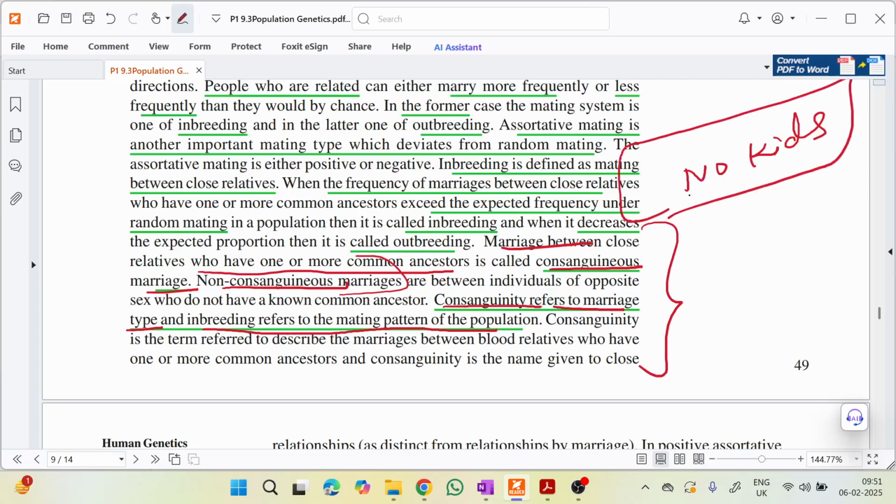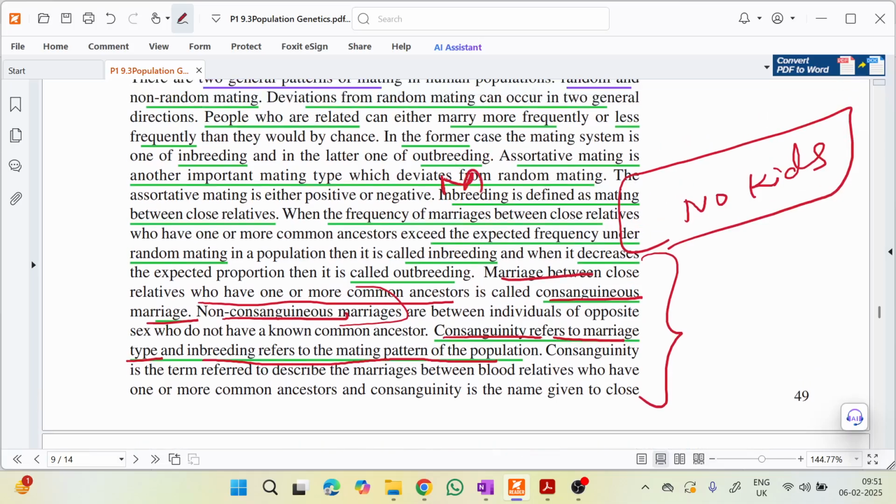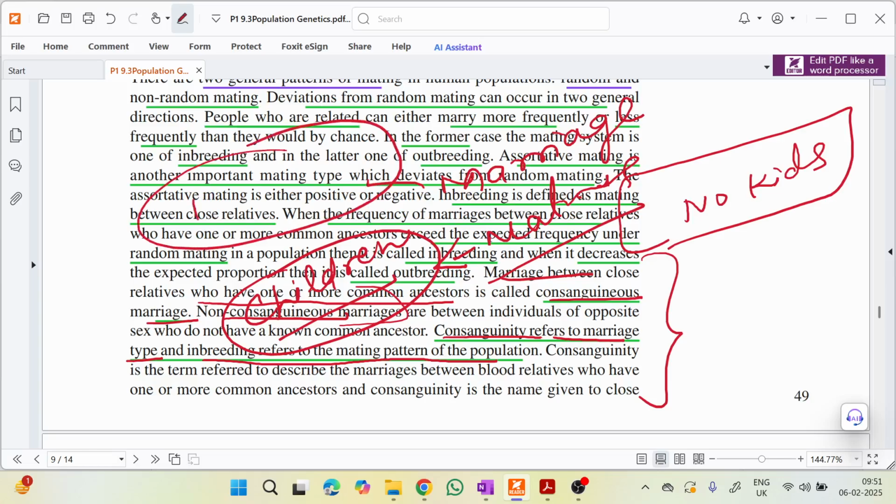This situation is quite rampant, and in such a case we cannot equate marriage with mating, because mating is clearly related to the production of children, kids, whereas marriage is an institutional type.